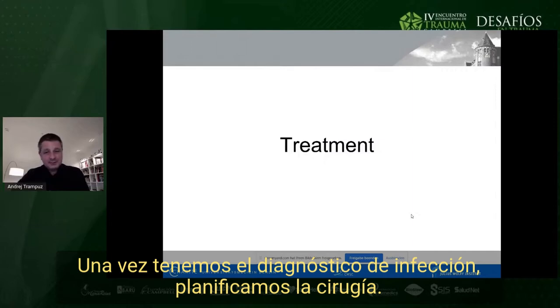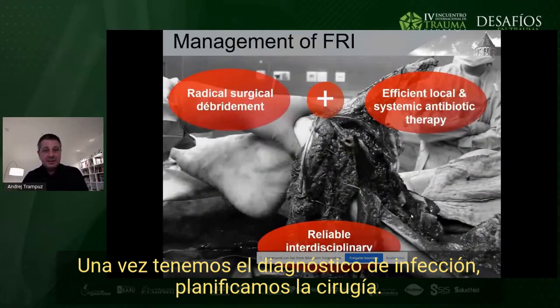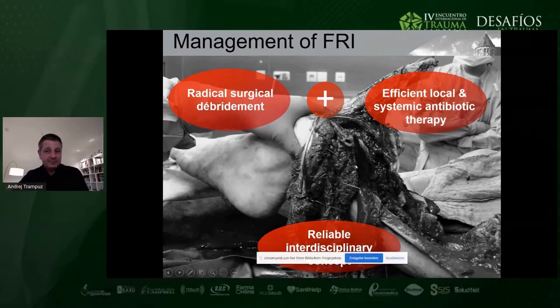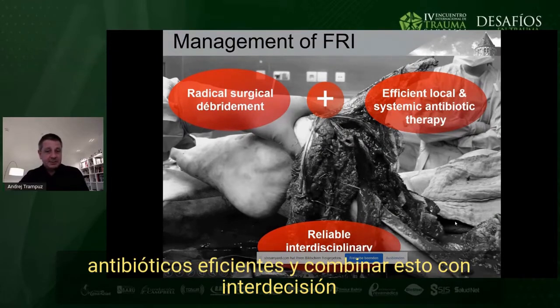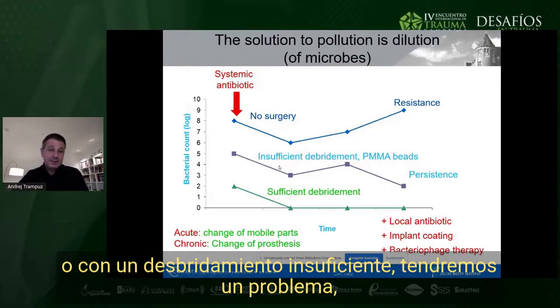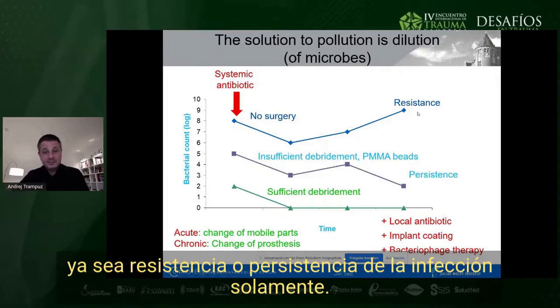Once we have the diagnosis of infection, we plan the surgical and antibiotic treatment, which consists of radical debridement, efficient antibiotics, and combine this with an interdisciplinary concept. Because if we use only antibiotics without surgery or with insufficient debridement, we will have a problem, either resistance or persistence of infection.